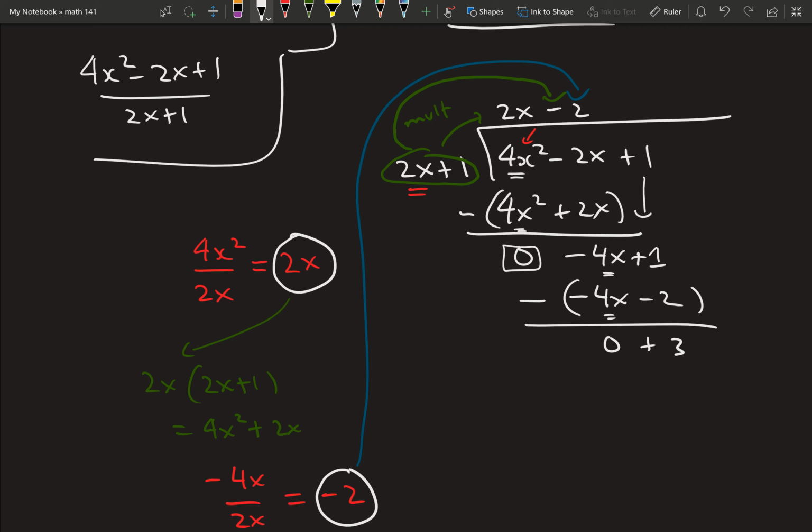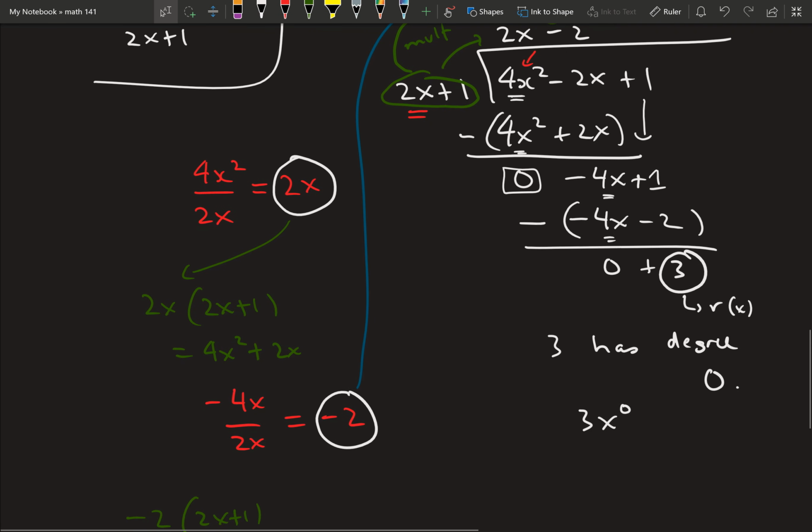And now notice that the term that I got here, this 3, has degree, as a polynomial, degree 0, because 3 is the same as 3x to the 0. So this has degree 0. And that degree is smaller. This is going to be what's called our remainder, by the way. This is going to be r of x. Notice that the degree of our divisor, 2x plus 1, is 1.